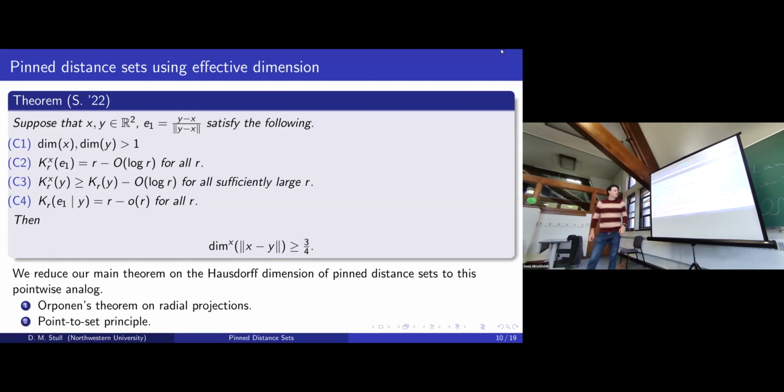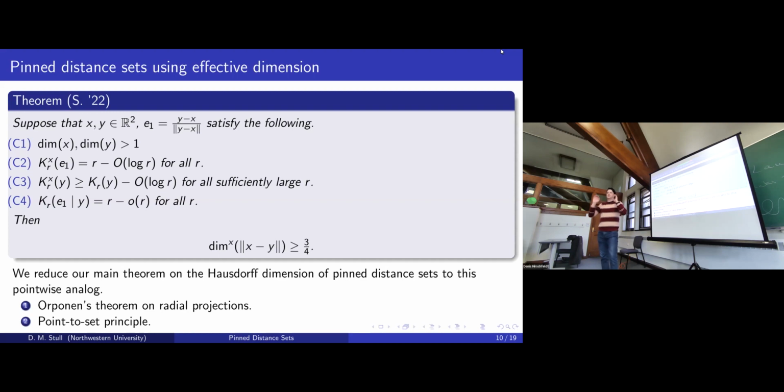And the little o is just sublinear. So C4 is a much weaker set than C2. Exactly. They can know more than log, just some sublinear amount. You can actually replace this with log, I think, but ultimately it doesn't really matter. As long as these things are sublinear, everything's okay.